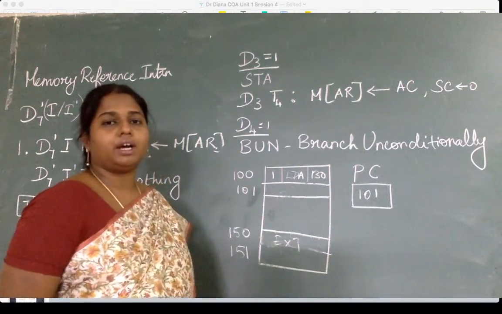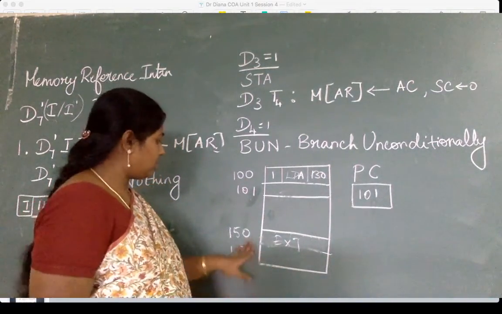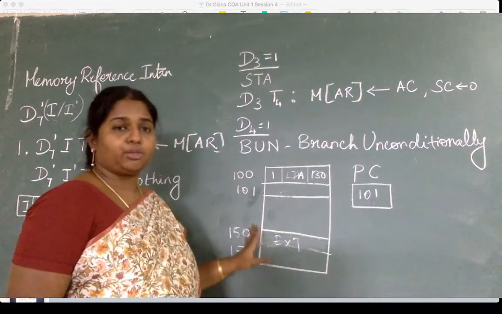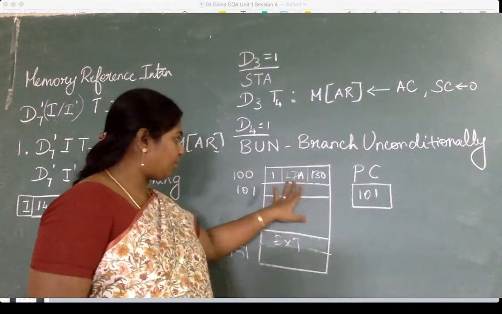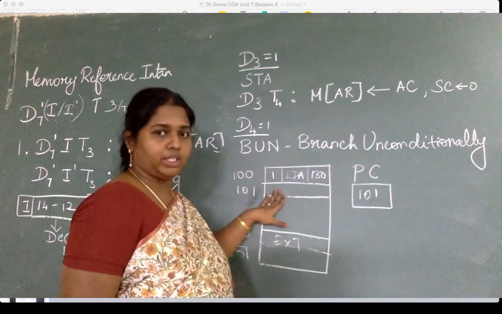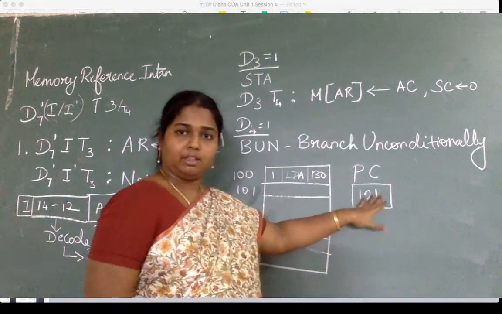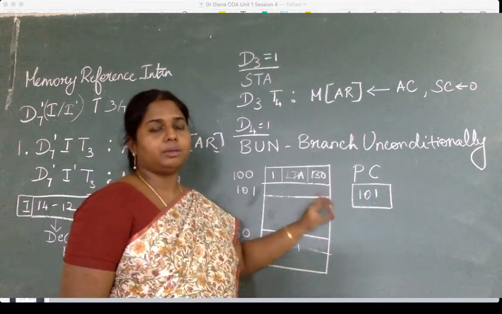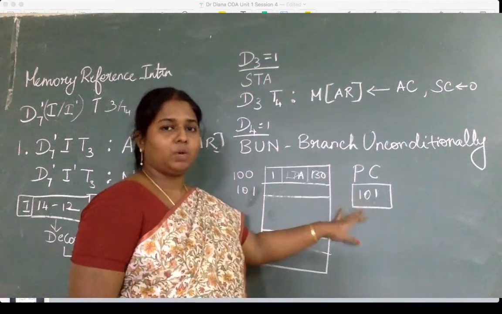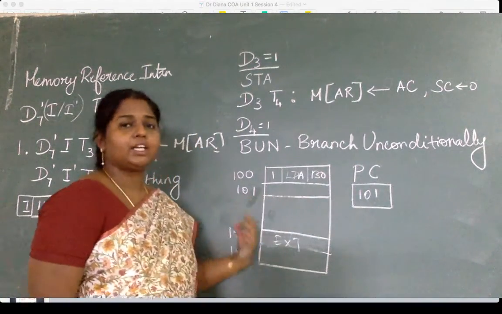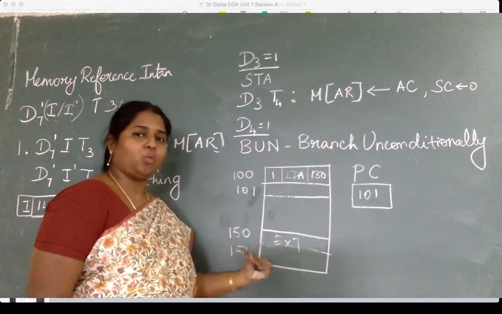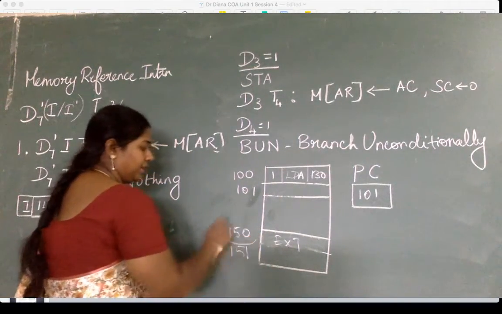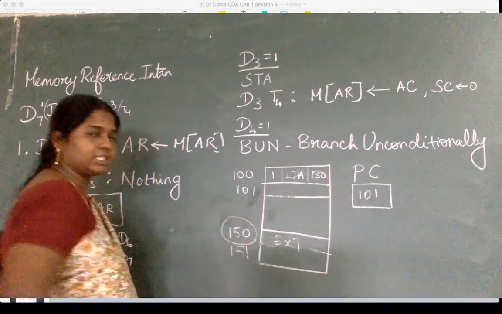So I have placed the exit at location 150. I should tell the computer that instead of executing the instruction at 101, which the program counter is expecting, it should go to location 150. I have to place this 150 somewhere.